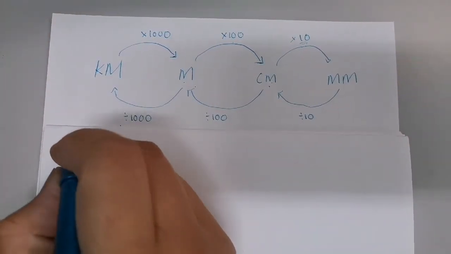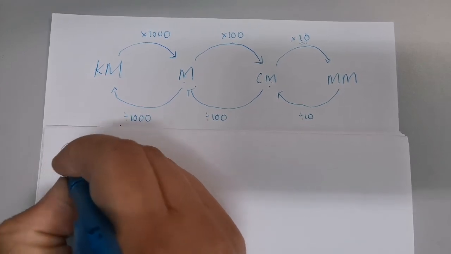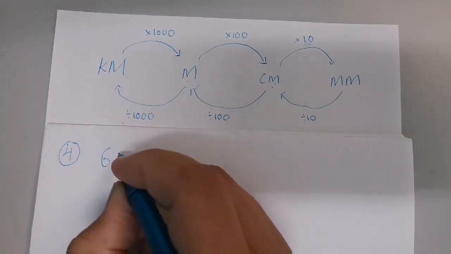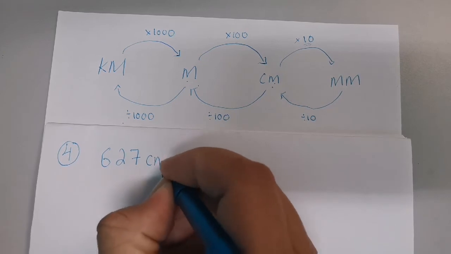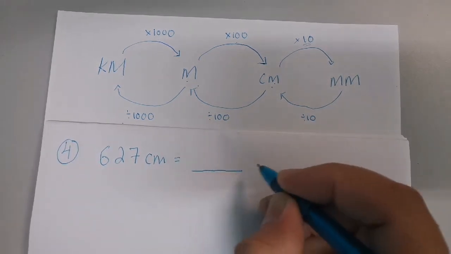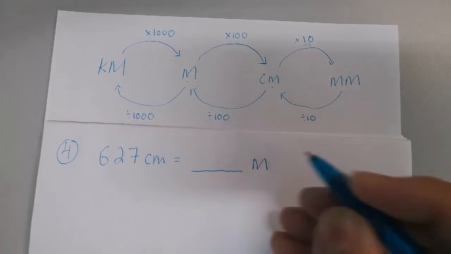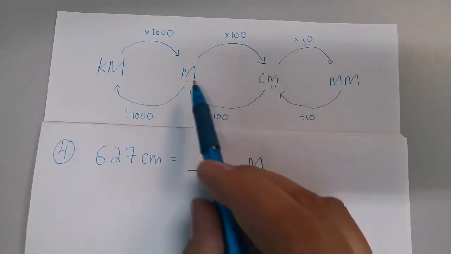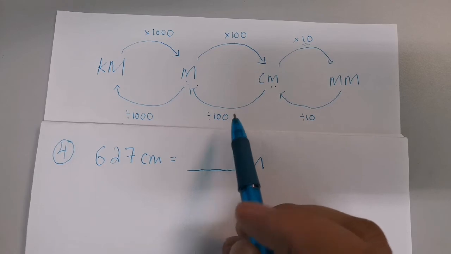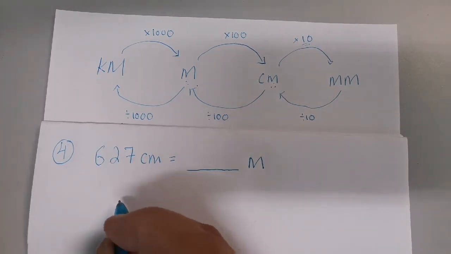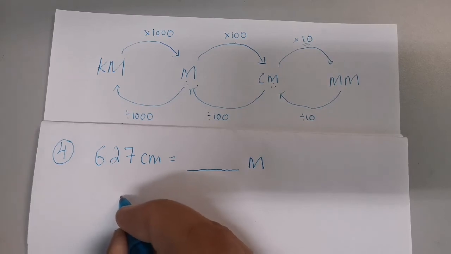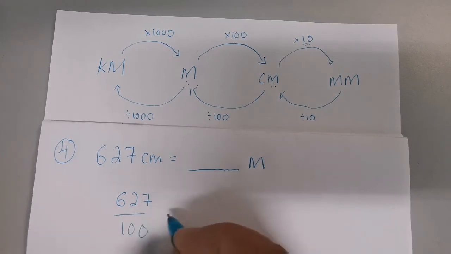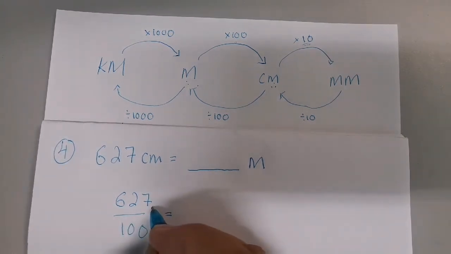Now let's move to another example. Example number 4. I give a number which is 627 centimeter. Convert to meter. Following the formula here, centimeter to meter, you need to divide by 100. There are two methods: the decimal point, or fraction. Let's use the fraction method. 627 over 100. Imagine the decimal point is here.